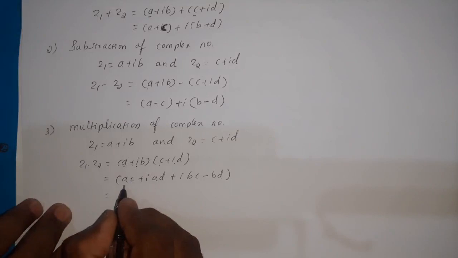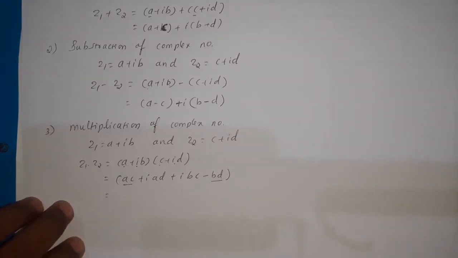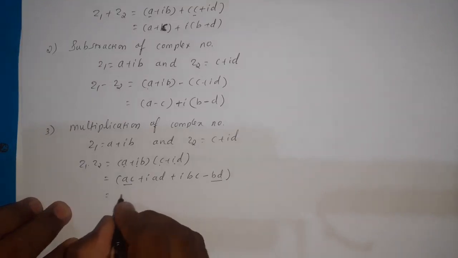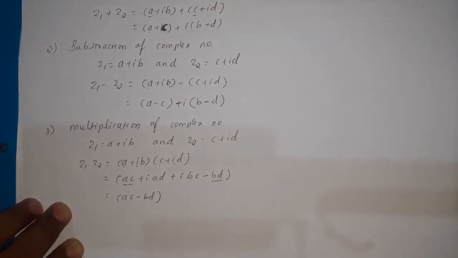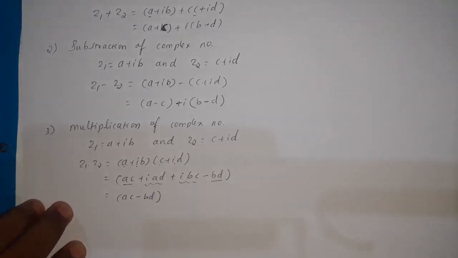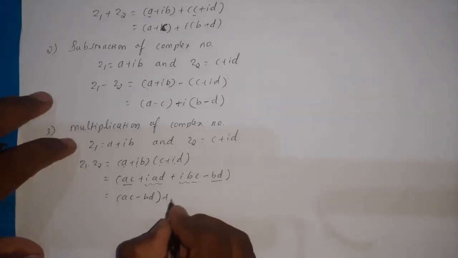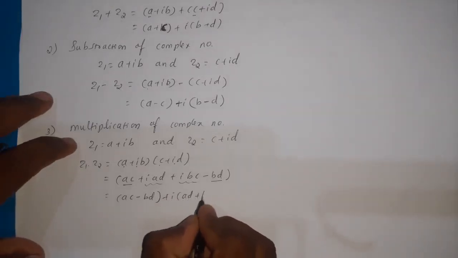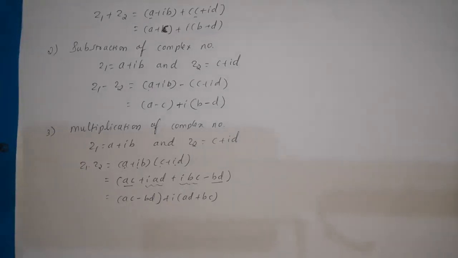So here the terms AC and BD are independent of i, so therefore they are the real parts. Now consider AC minus BD. Then in these two terms, that is i into AD and i into BC, i is common, so therefore it is i into (AD plus BC), because these two terms are multiplied by i, hence they are called imaginary parts.